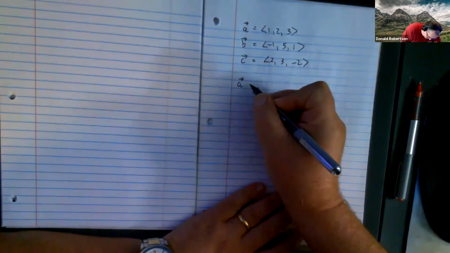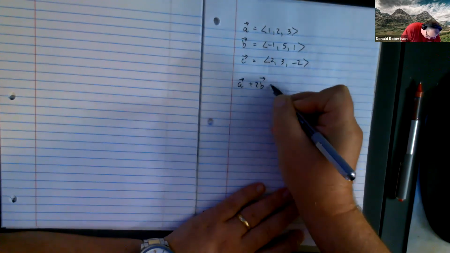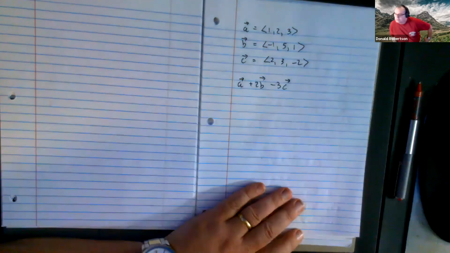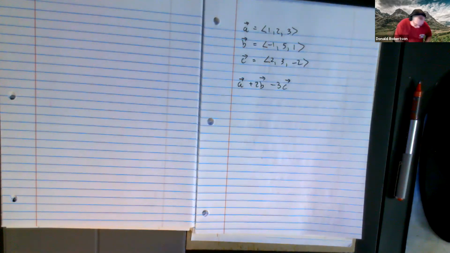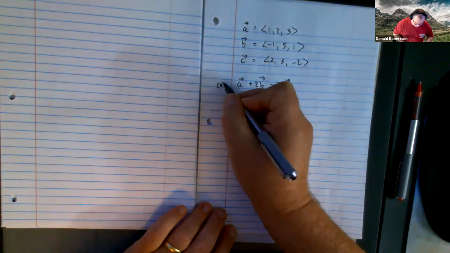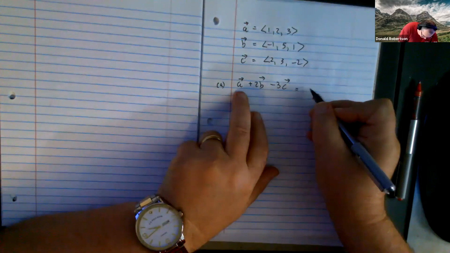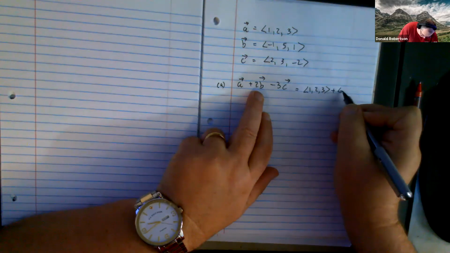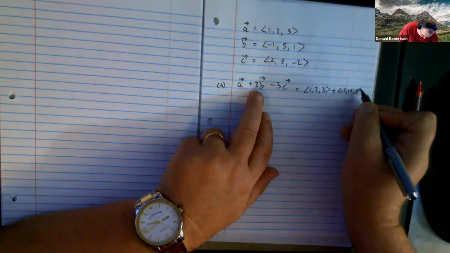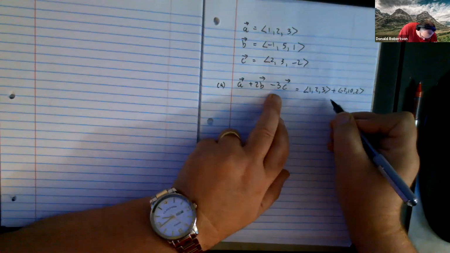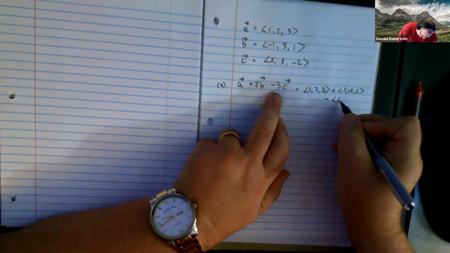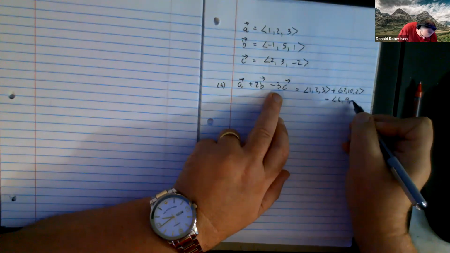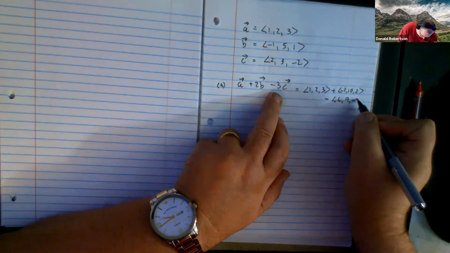So you might be asked to do A plus 2B take away 3C. Let's make that our first question then. Would it not be this vector plus that vector, take away that vector?